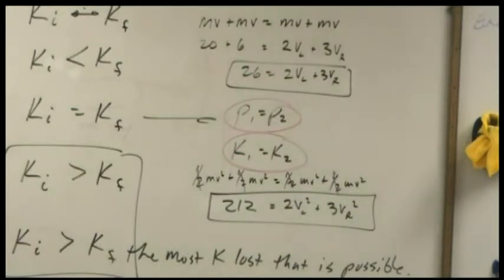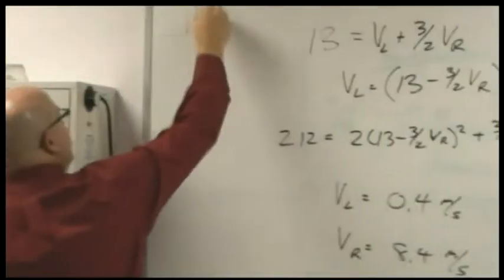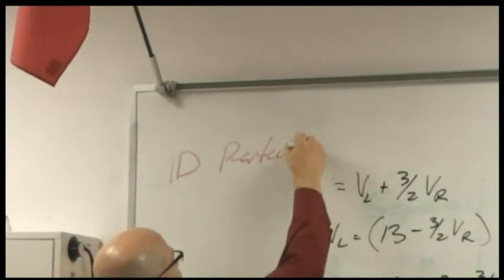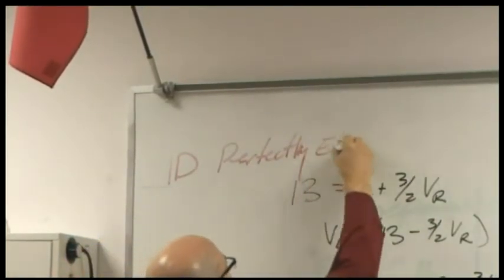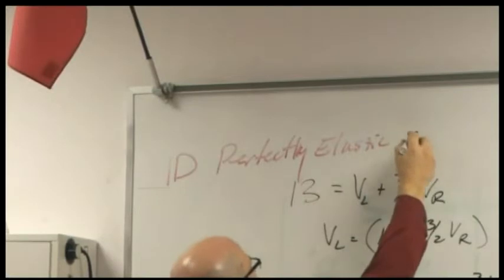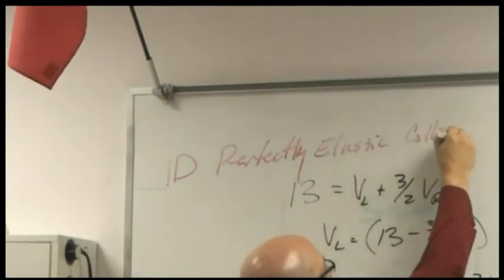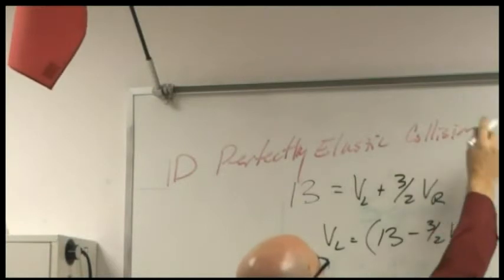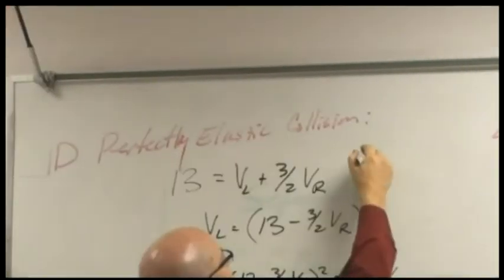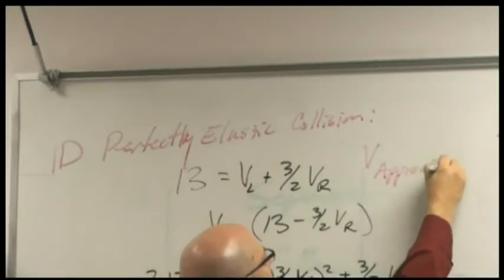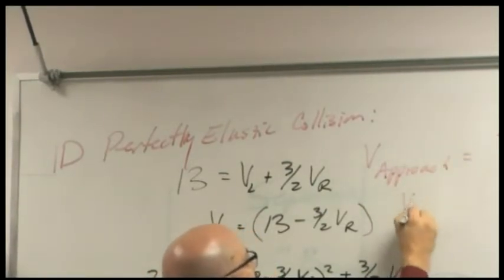Magic. Every time you have a one-dimensional perfectly elastic collision, the velocity of approach will equal the velocity of recession.